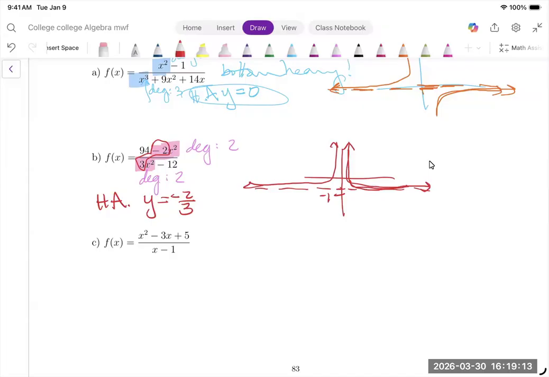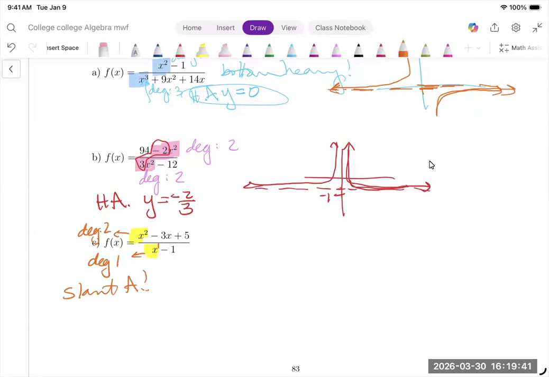And then the last one, looking at the leading coefficients. The numerator is degree 2. The denominator is degree 1. It's invisible, but it's there. So this means we have a slant asymptote. How do we find slant asymptotes?